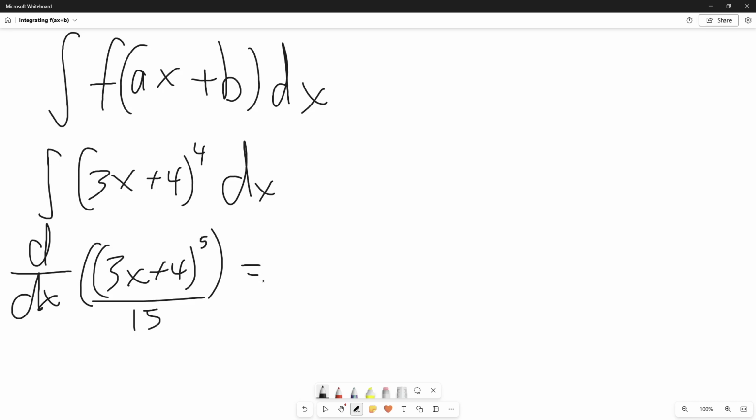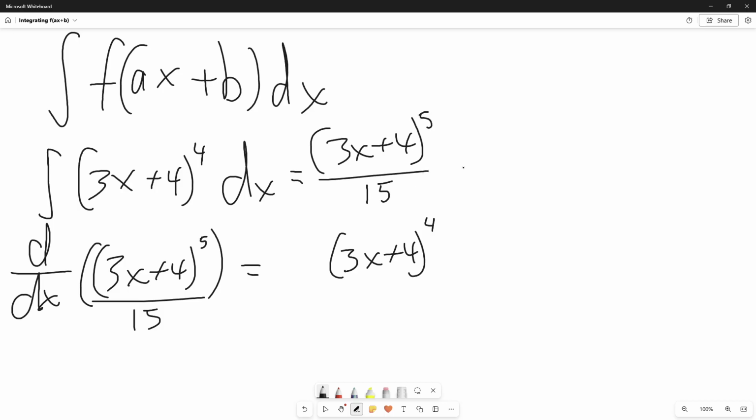And now it should work. We get 15 times (3x plus 4) to the power of 4 over 15. And yeah, the 15s cancel out, so it's just (3x plus 4) to the power of 4, which is our answer. So now our answer is (3x plus 4) to the power of 5 over 15 plus c.